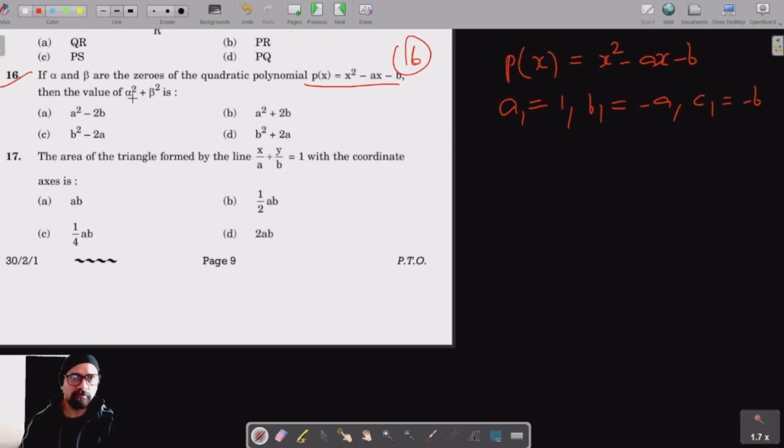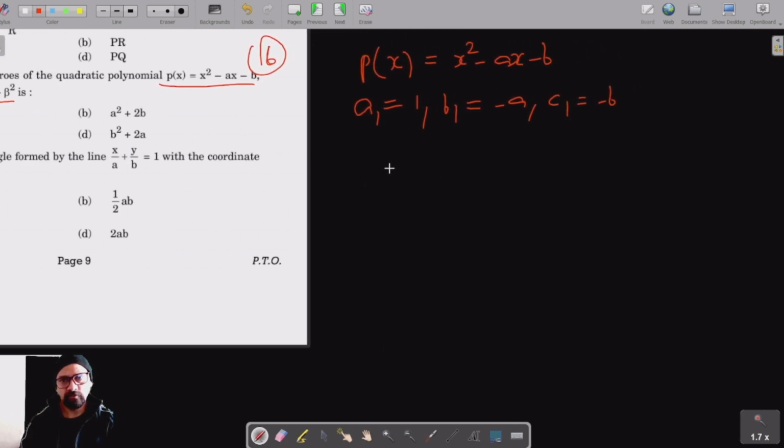Now we have to find the value of alpha square plus beta square. So alpha plus beta here is negative b1 by a1, which is negative of negative a by 1. So this is a. And alpha beta is c1 by a1, which is negative b.